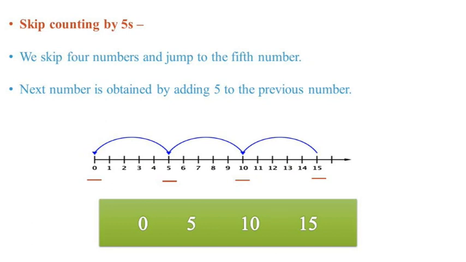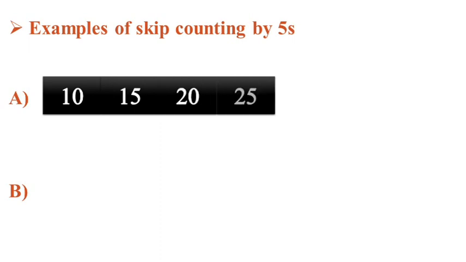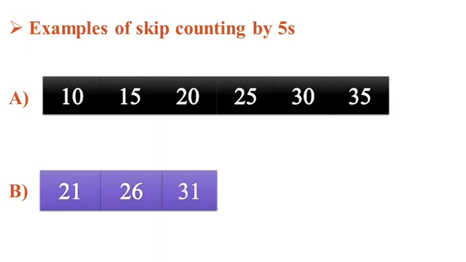Children, as you can see, we are getting the next number by adding 5 to the previous number, like 0 plus 5 gets 5, 5 plus 5 gets 10, and 10 plus 5 will get 15. That's all. So let's see some examples of skip counting by 5.